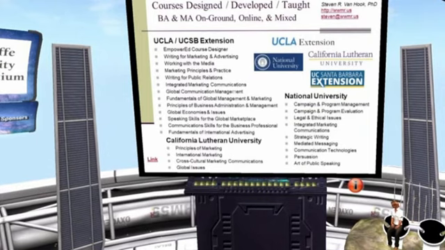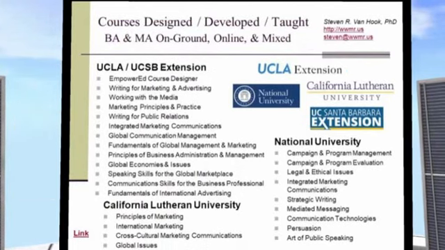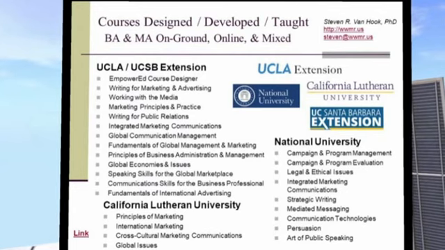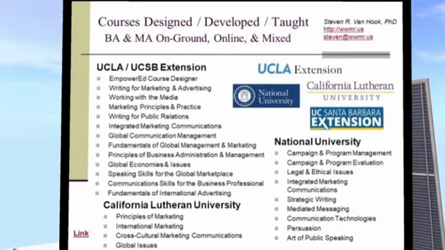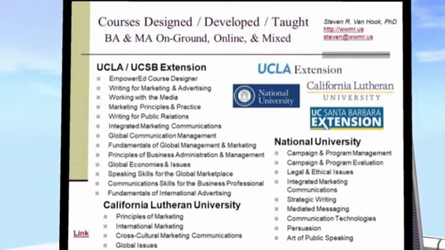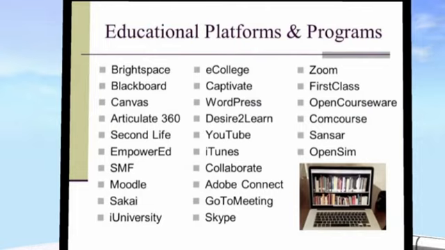Over some 20 years, I have been designing and developing online and on-ground undergrad and graduate courses for UCSB, UCLA, California Lutheran University, Ellis University, National University, and elsewhere. More than half of the courses I've taught are online. Right now, they're almost all online.